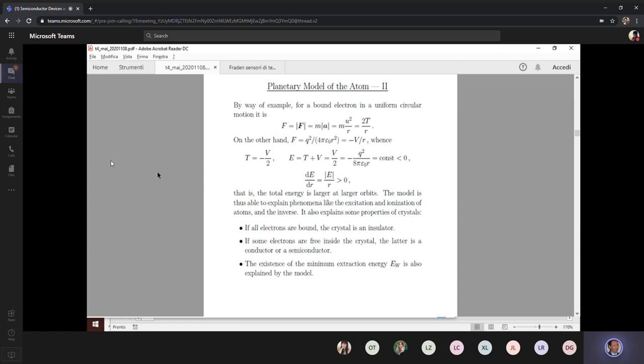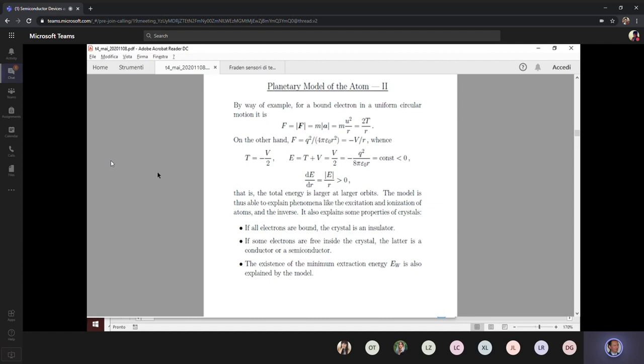So the ratio u squared over r is the centripetal acceleration. If you multiply it by the mass, you obtain the modulus of the force.